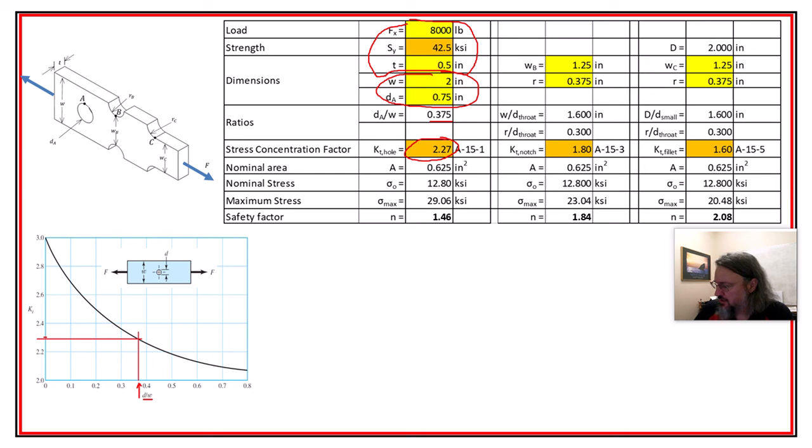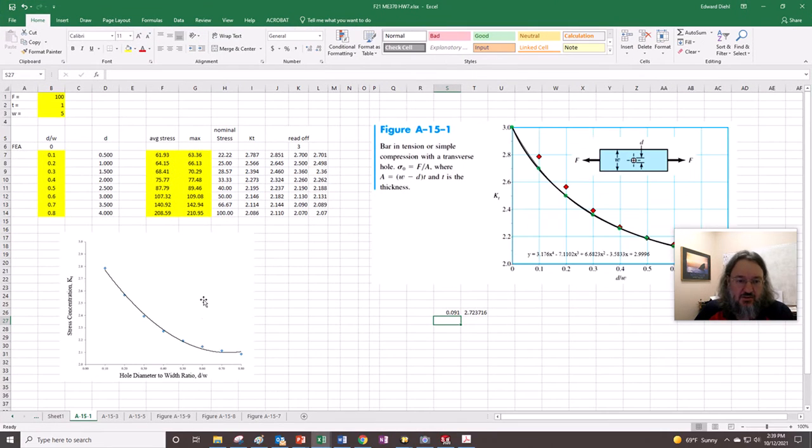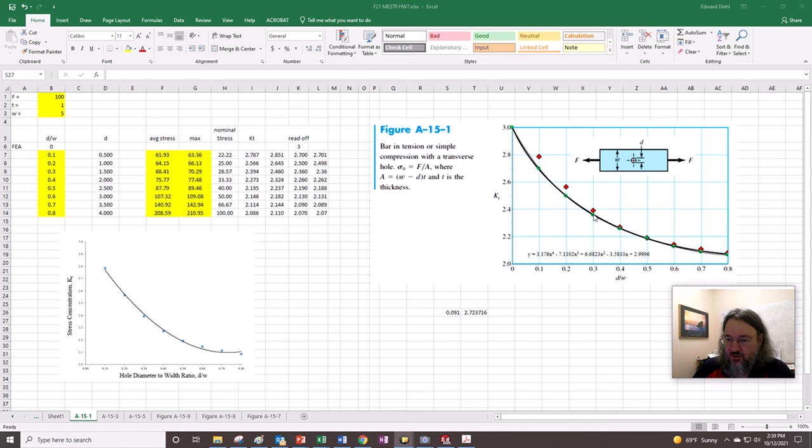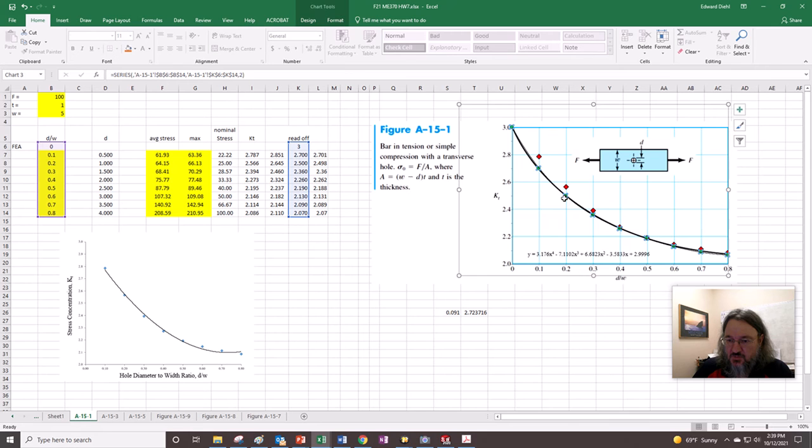I don't think, maybe I do have it in this one right here. What I did to get this is, you see my little green dots? That right there is where I read this thing off, right?